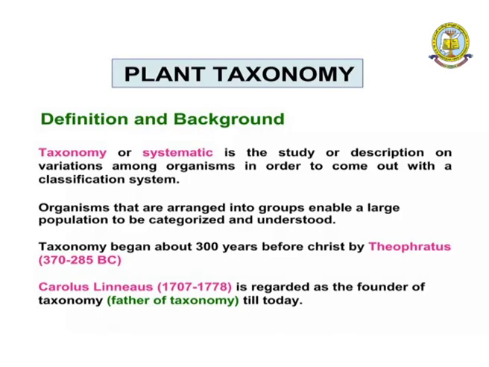Taxonomy began about 300 years before Christ, with Theophrastus. Carolus Linnaeus is regarded as the founder and father of taxonomy till today. Taxonomy mainly depends on four aspects: classification, identification, nomenclature and description.